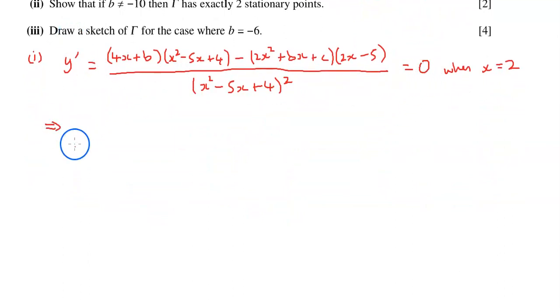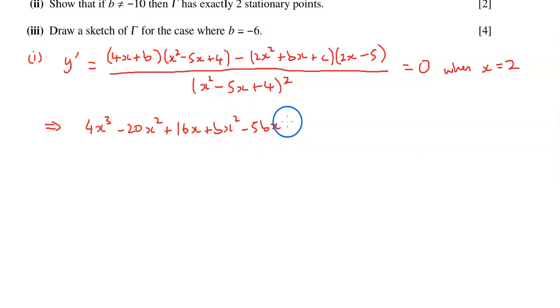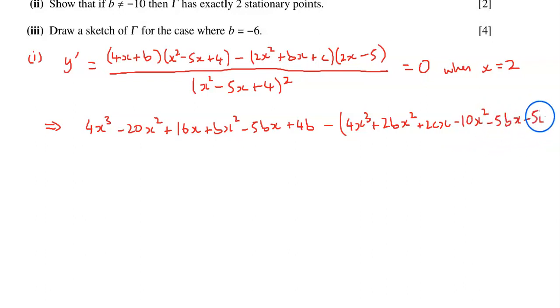So for this thing to equal 0, we need 4x cubed minus 20x squared plus 16x plus bx squared minus 5bx plus 4b, and then minus, 4x cubed plus 2bx squared, and then plus 2cx, and then minus 10x squared minus 5bx minus 5c.